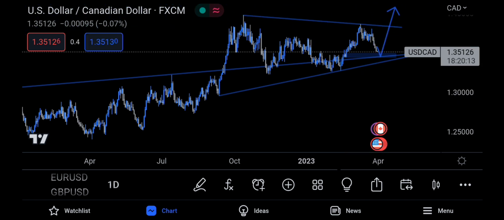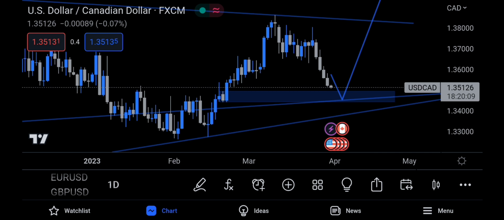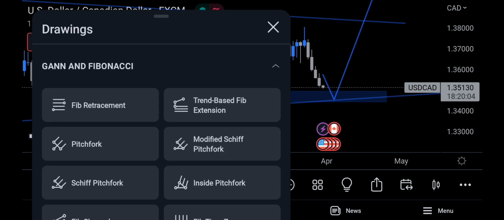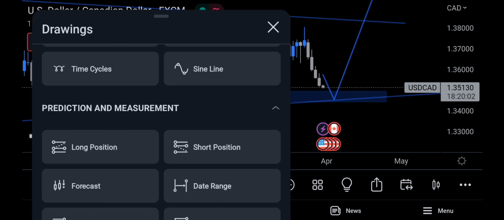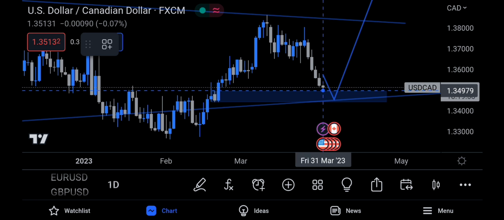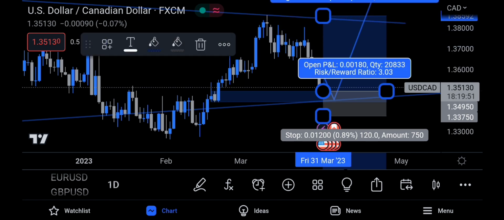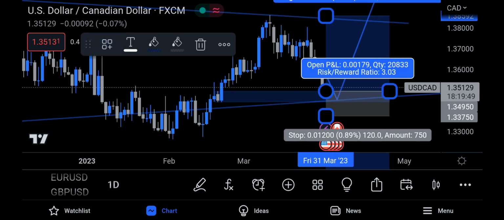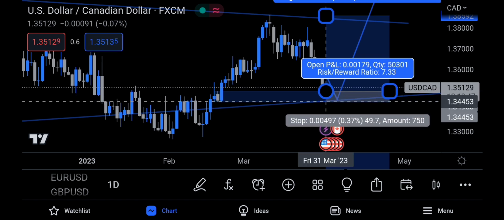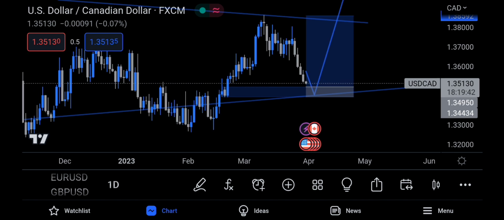So this is how our setup will look. The stop loss goes below the wick, which is about 50 pips.